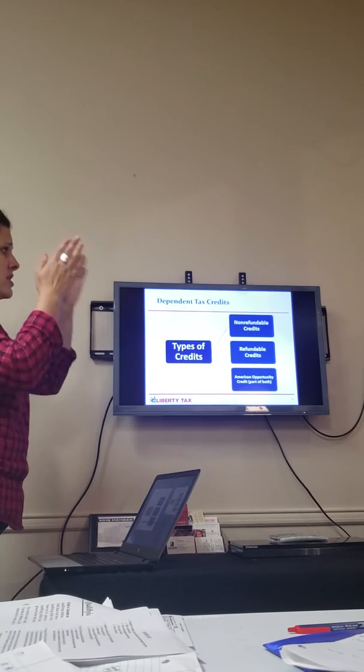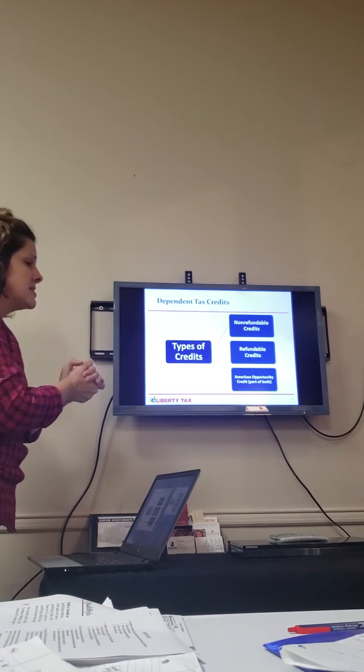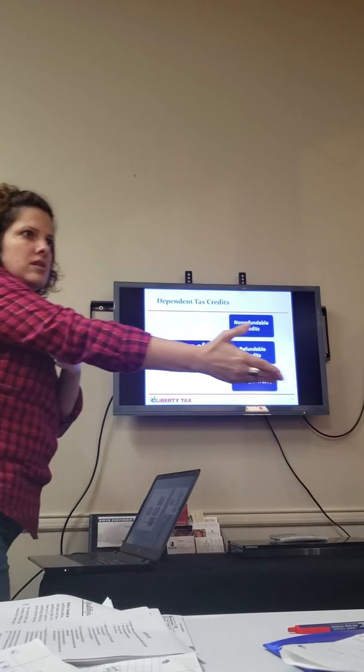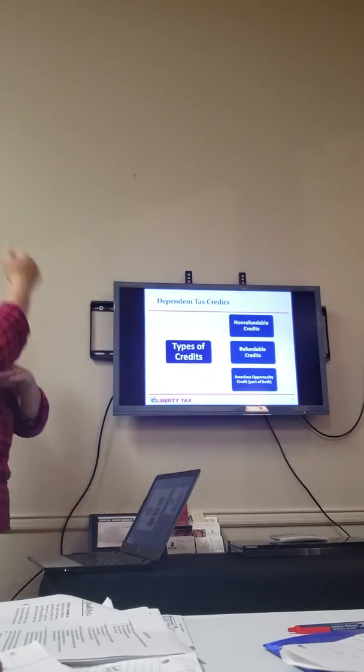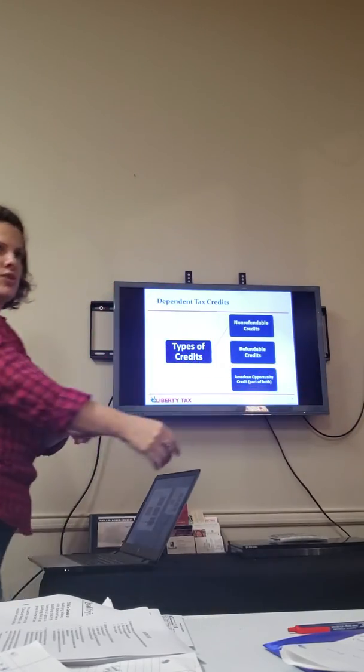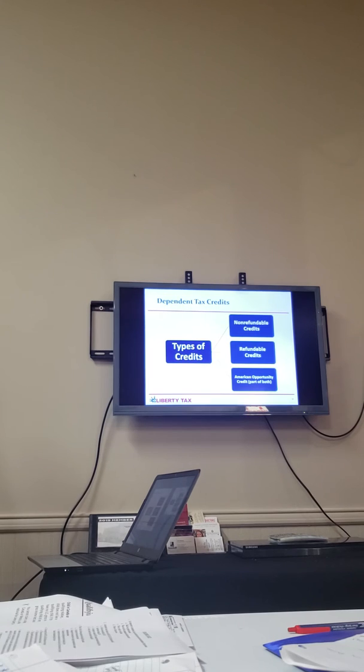Refundable, on the other hand, means you can get it past that. So even if you're at 0, not owing anything for the year, you can still get a refundable credit. Sometimes this surprises new preparers, new employees, and people who only know a little about taxes.